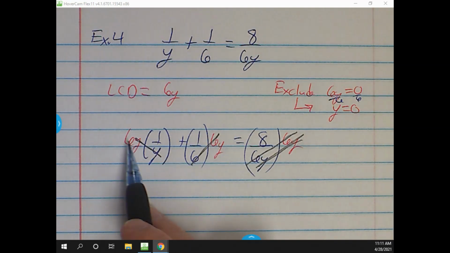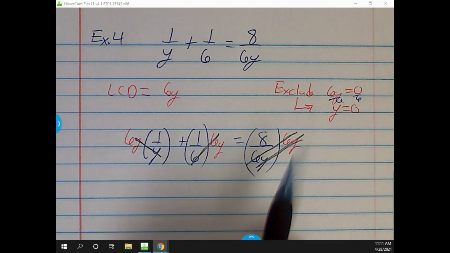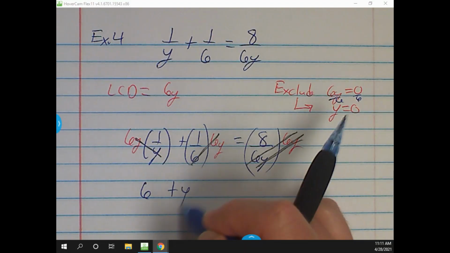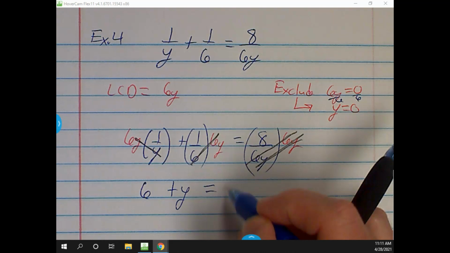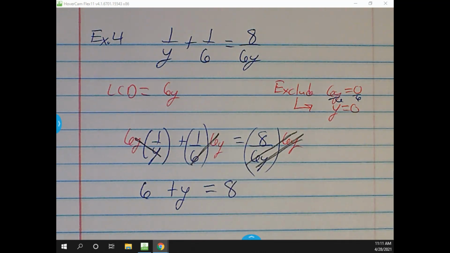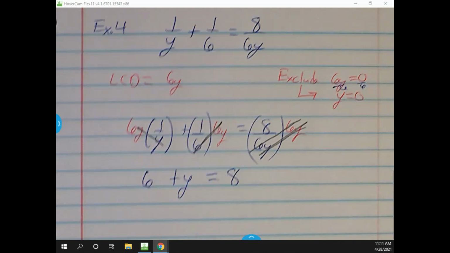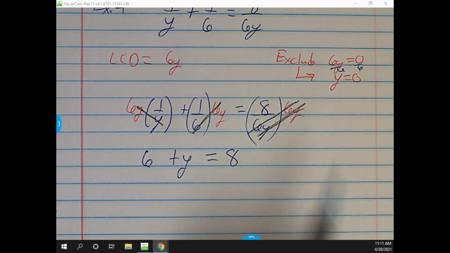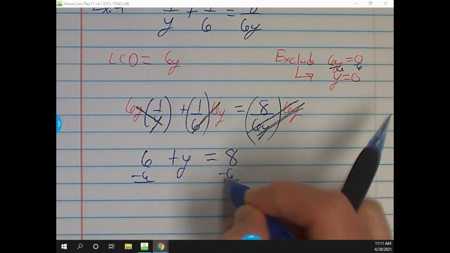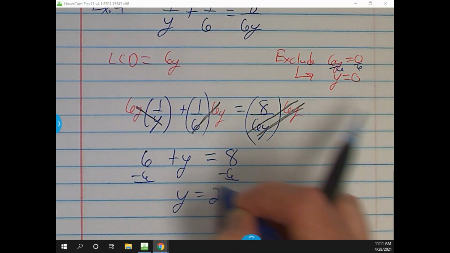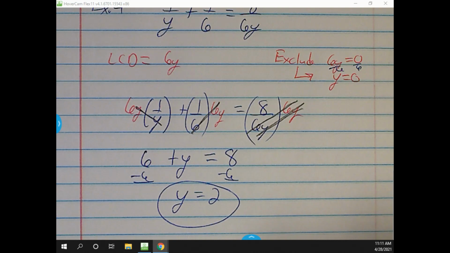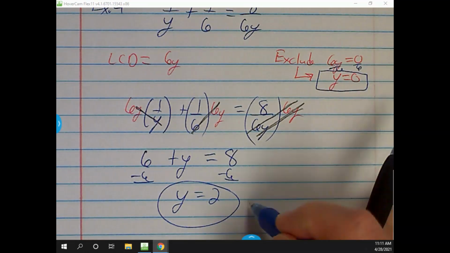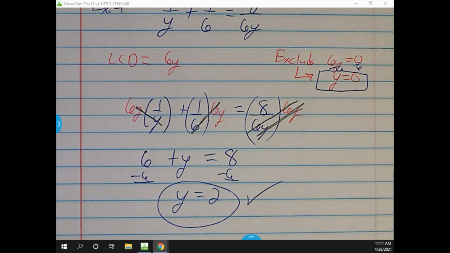So for this one we've got 6 times 1, which is 6, 1 times y, which is just y, and then we have 8. That's a really easy equation to solve because you've got 6 plus y is equal to 8. We'll just subtract 6 from both sides, and y equals 2. And again, if you check it, the only excluded value was 0. That answer is not 0, so that one's good.